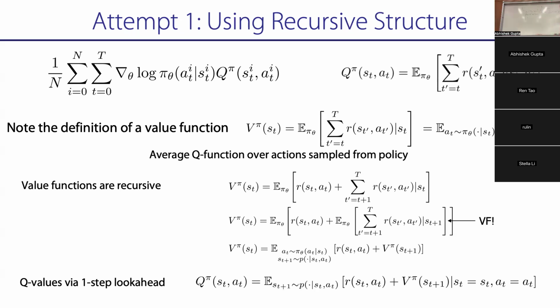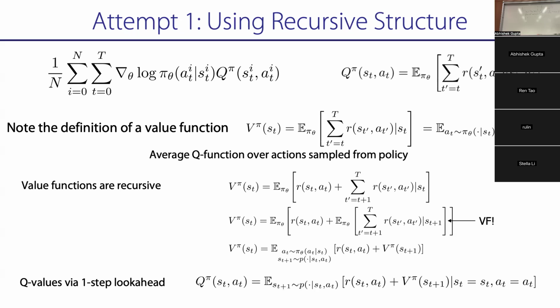Okay, so the main points to remember: current value is expectation of current reward plus future value. And Q is essentially one step. This is what you call a one-step look ahead, where the Q value at some ST and AT is saying it's the expected reward plus discounted value in the future.